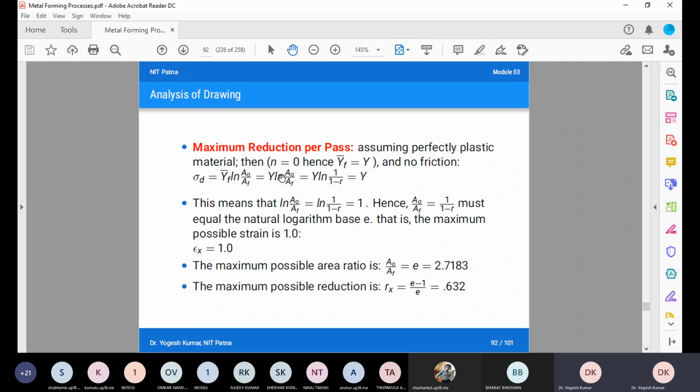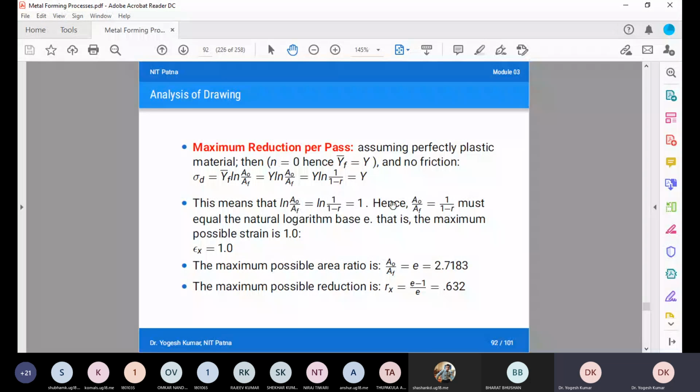So this natural log of A0 upon Af is equal to natural log of 1 upon 1 minus r. Here r is your reduction ratio. We know already that for the maximum possible reduction, sigma d is equal to Y. So this whole term will be equal to Y, Y will be cancelled, and therefore natural log of 1 upon 1 minus r will be equal to 1, which is explained under point number 2.